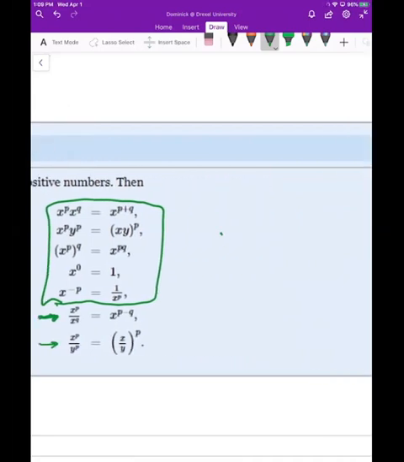If you take two numbers with the same base and you divide them, you're going to subtract their exponents. And you can also say that if you have x to the p over y to the p, so if you're dividing two numbers with the same power, you could have just as easily first divided the two numbers and then raised it to the power.